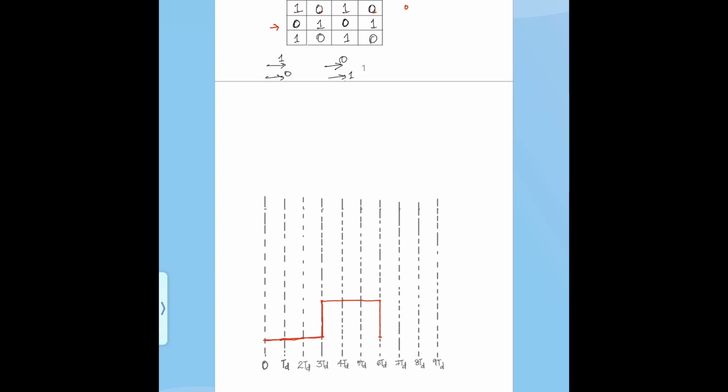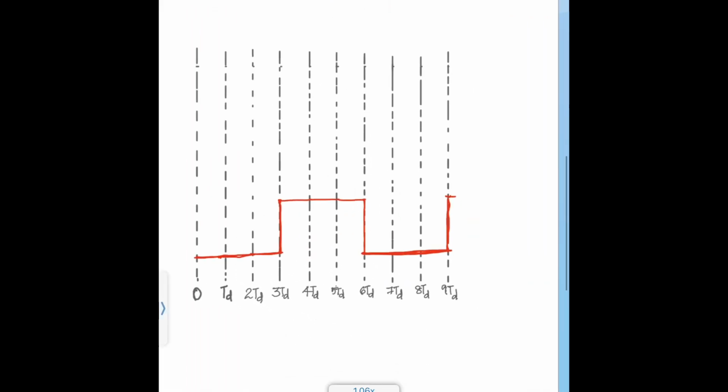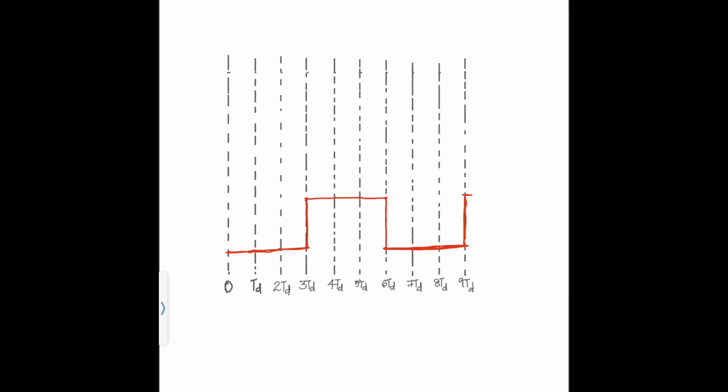Here it was 0. And then after 7 Td, it was 1. And then 0 and 1. But the output remained 0. And then it goes to 1. So this is the oscillation we get from a ring oscillator made up with NOT gates.